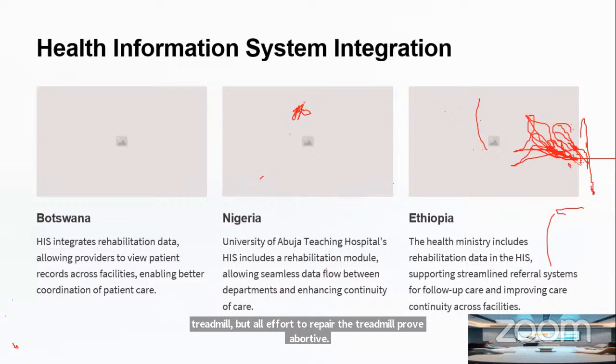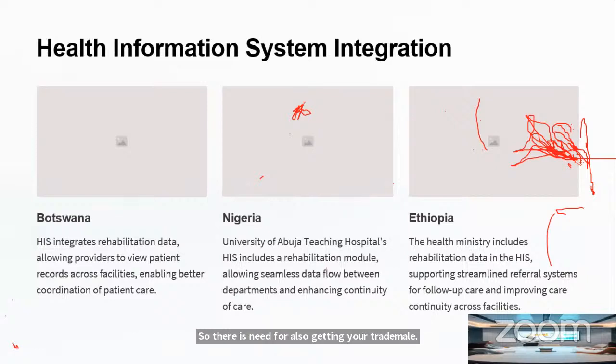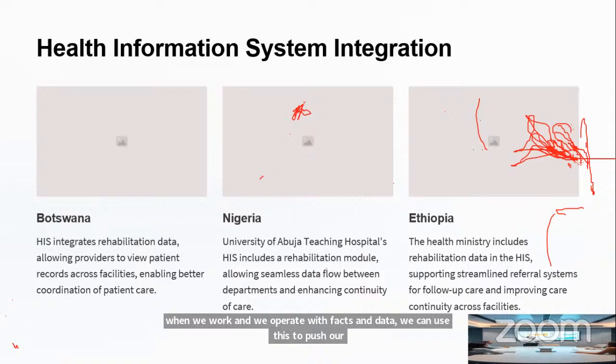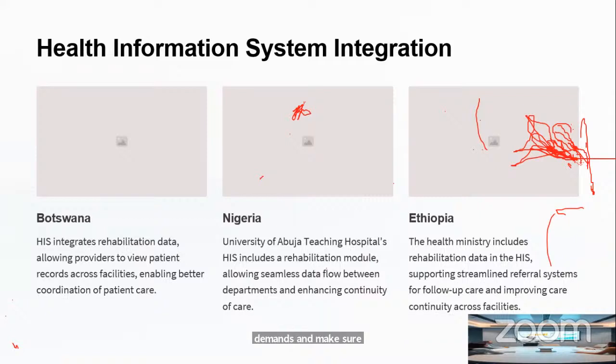So what do we do? We have to present facts and data to show how useful the treadmill is. And that is where the personal departmental record of patients comes in. So when we operate with facts and data, we can use this to push our demands and make sure they see the reason behind what we ask for.